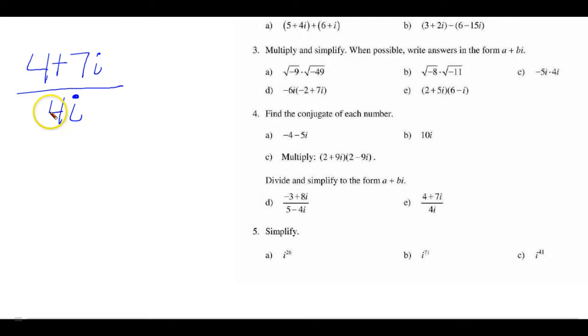Well, in theory, you might think it's a negative 4i, but I have discovered that in practice, if we just multiply our denominator by a negative i, that saves us lots of simplifying afterwards.